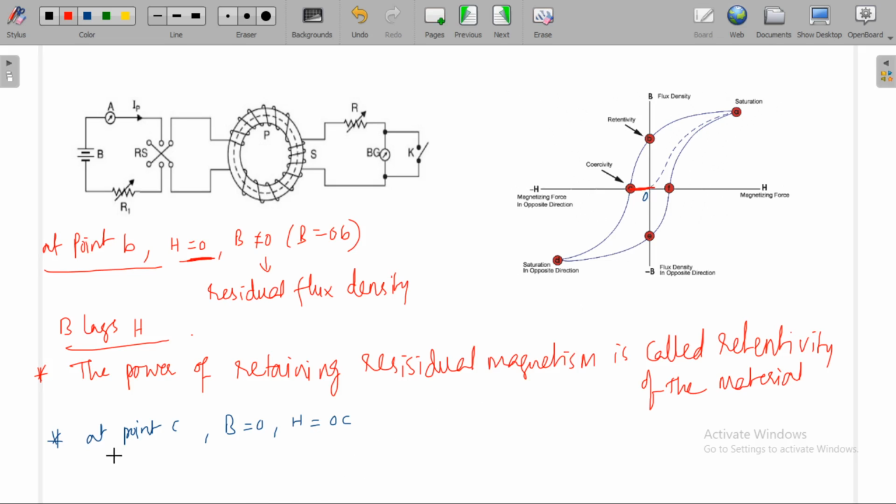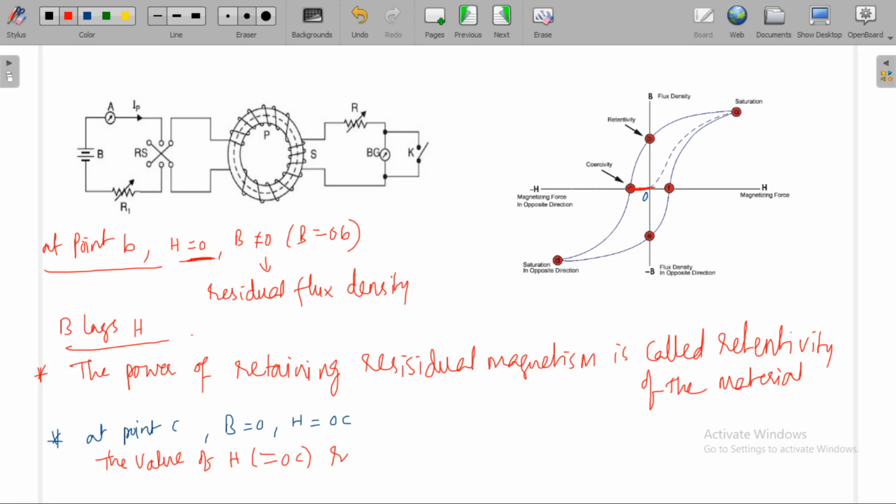That is the value of H, which is equal to OC. This much value is required to wipe out the residual magnetism.